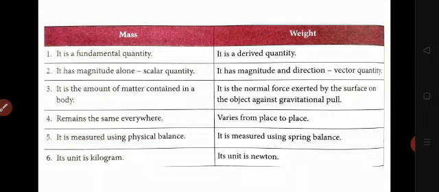Mass is the amount of matter contained in a body, but weight is the normal force exerted by the surface on an object against gravitational pull. Mass remains the same everywhere, but weight varies from place to place. Mass is measured using a physical balance, but weight is measured using a spring balance. The unit of mass is kilogram and the unit of weight is Newton.